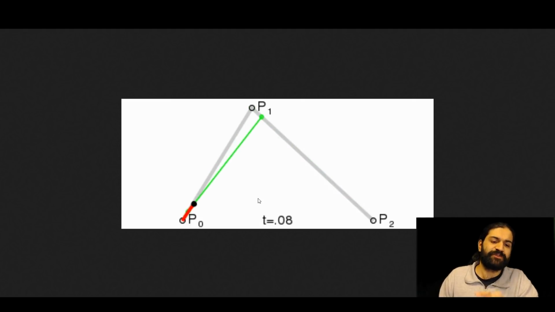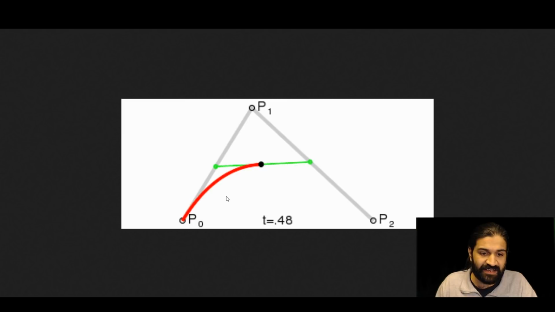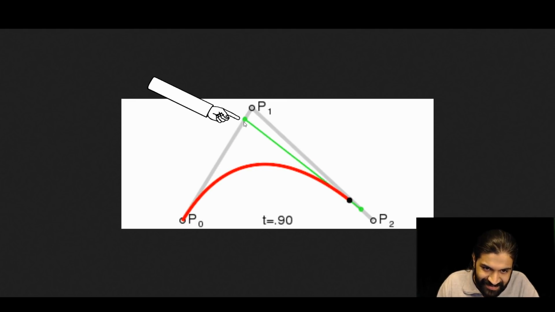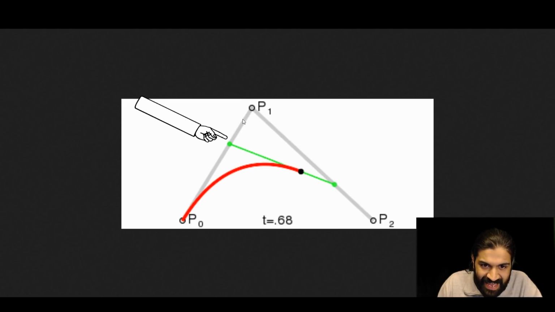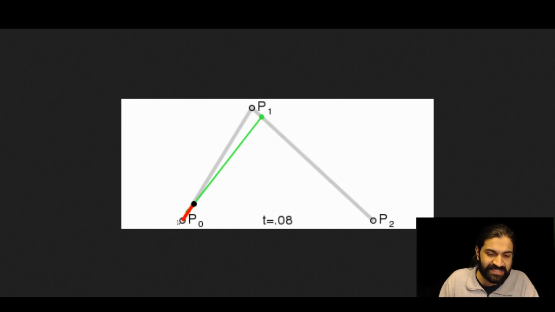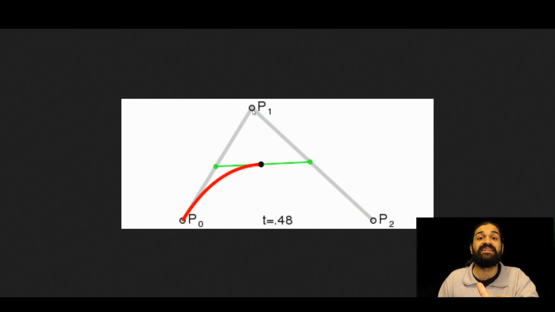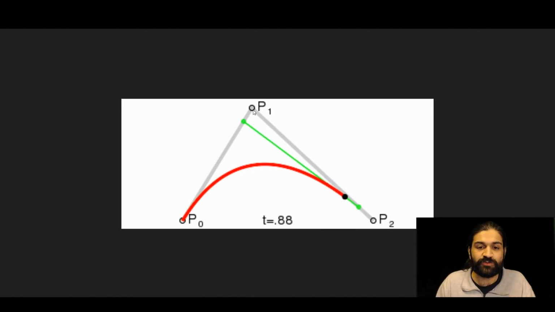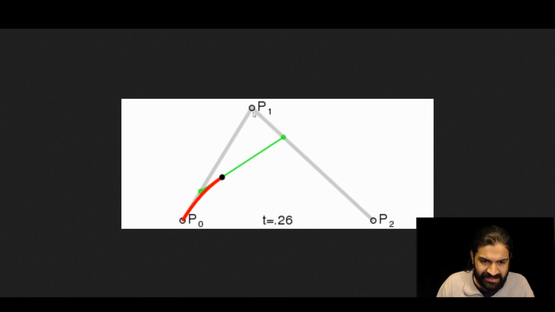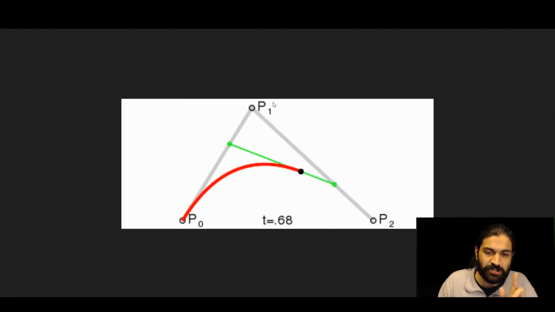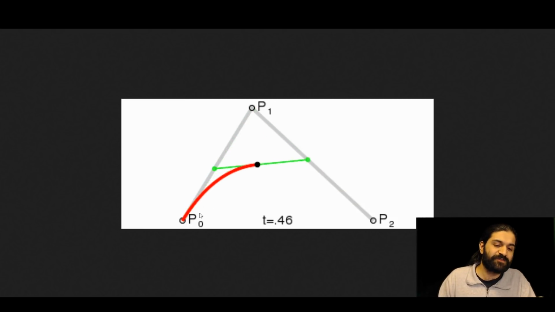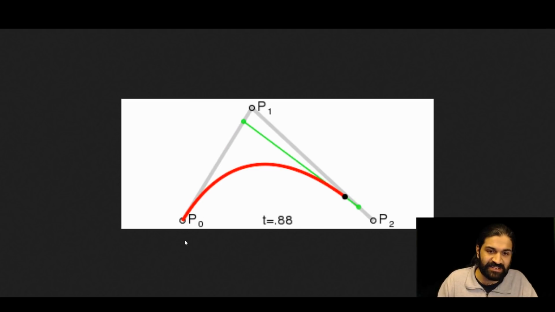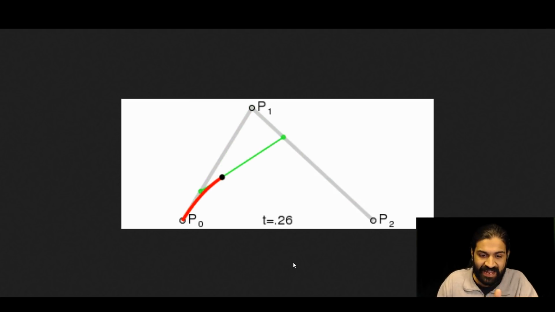To derive an equation for this, notice that there's a green point here, you can see it, that starts at P0 and ends at P1 at time 1. So at time 0, it's at P0, and at time 1, it ends at P1. Let's first write down the equation for that point. Remember that P0 is our initial point, P1 is our control point, and P2 is our final point. So what is the equation for the point that starts at time 0 at the initial point and ends at time 1 at the control point?